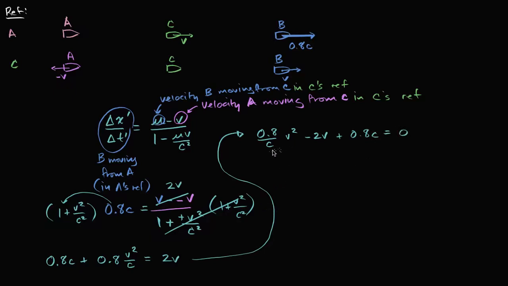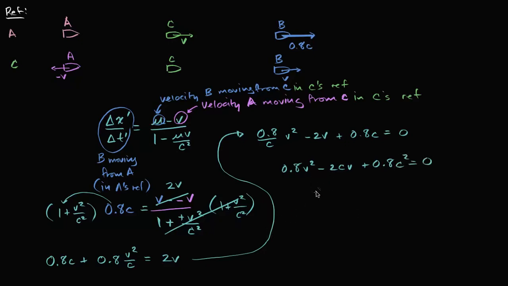If we want to simplify it a little bit, we can multiply both sides by c. If we multiply both sides by c, this will become 0.8 v squared minus 2cv plus 0.8 c squared is equal to 0.